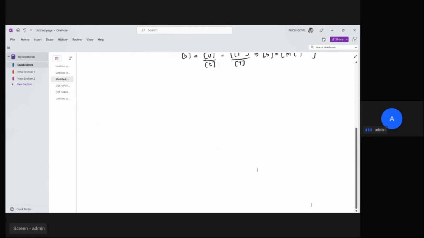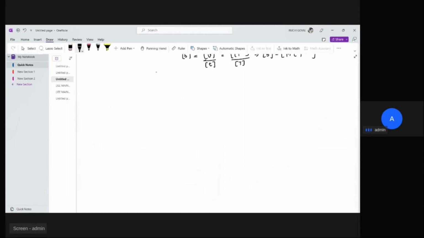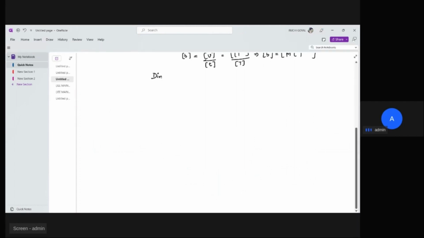First we should understand what dimensional analysis is. In dimensional analysis, we derive the relations between physical quantities.